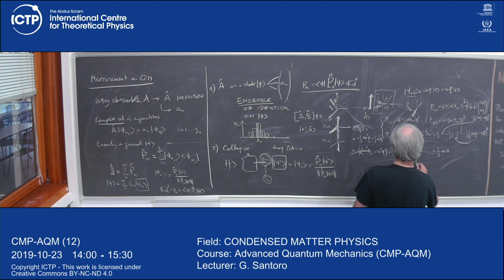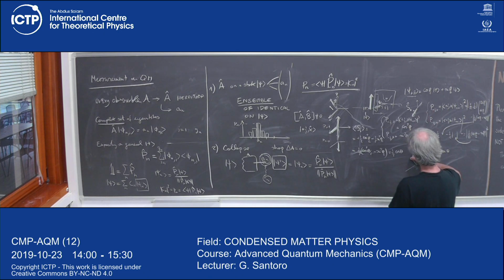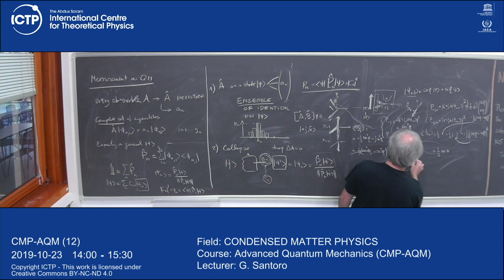In other words, the average values are precisely what you expect from, say, if this n is in this direction. So this is theta, the average of sigma z is cos theta, and the average of spin x is sine theta.